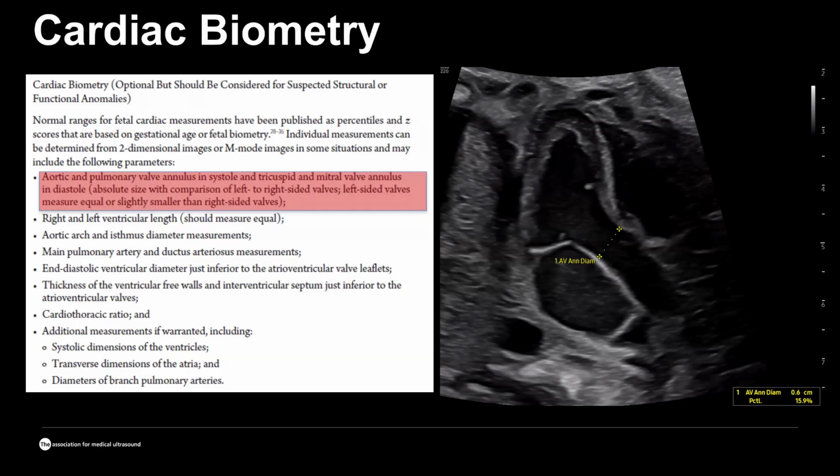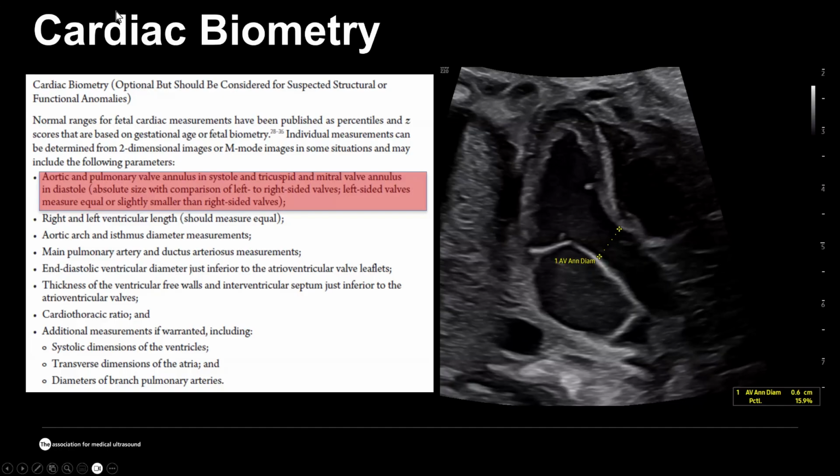This is the cardiac biometry. Most of the cardiac biometry is not required by the fetal echocardiography protocol, but the recent change in the fetal echocardiography parameter by AIUM requires the measurement of the annuli of the 4 cardiac valves. And here you can see the automatic measurement of the annulus of the aortic valve.